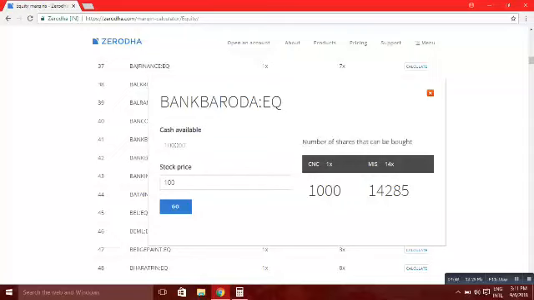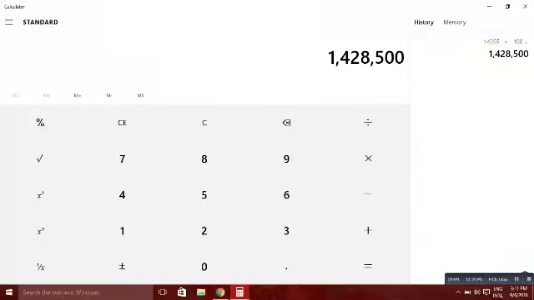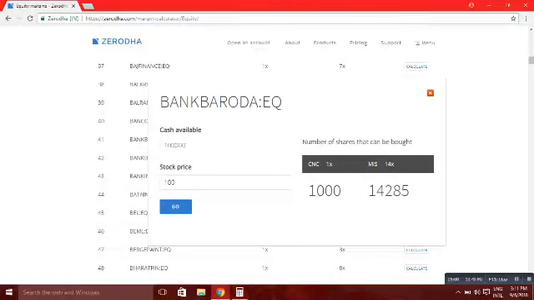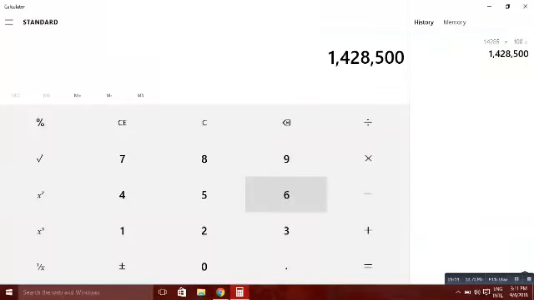But with the help of margin, we just have to pay rupees 1 lakh to get 14,000 quantity of Bank of Baroda. If we did not have any kind of margin, then we would have to spend around 14 lakh 28,500 rupees.